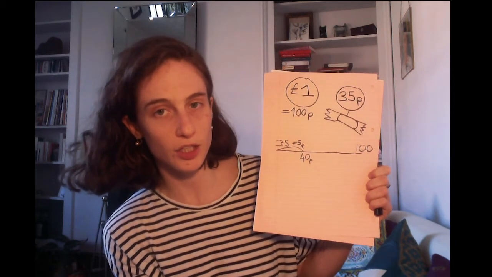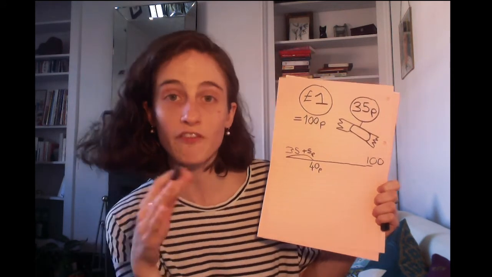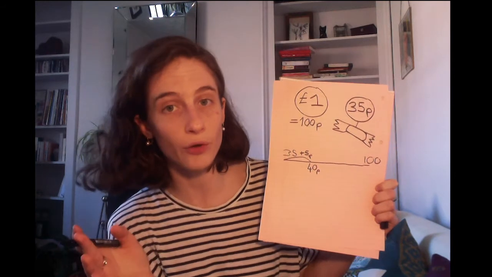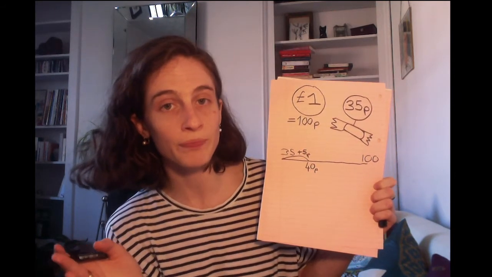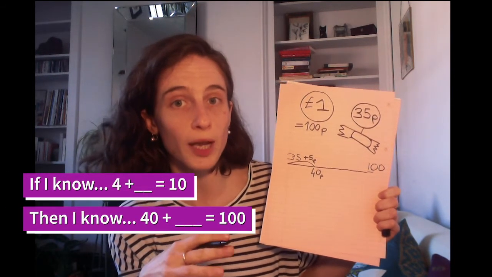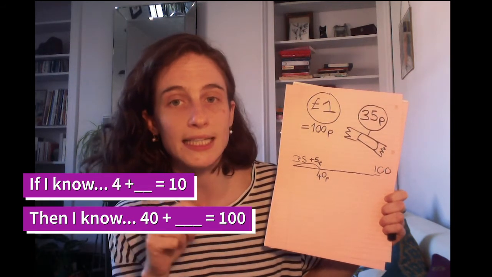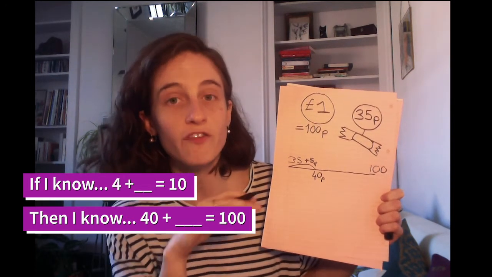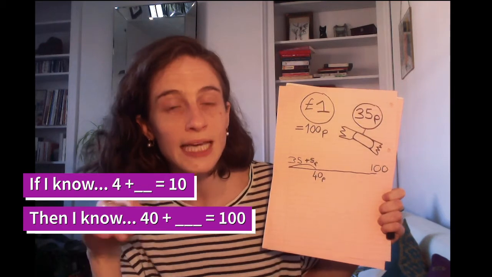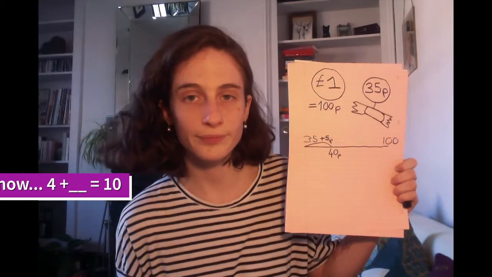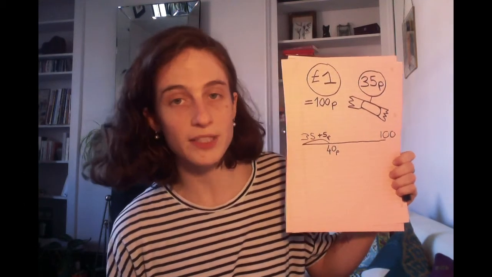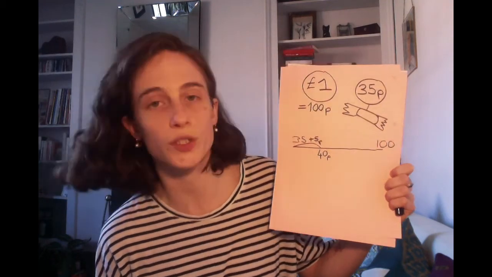You could either use if I know, then I know, right? So for example, if I know 4 plus 6 is equal to 10, then I know 40 plus 60 is equal to 100. Otherwise, if that just sounds tricky, you could also use the jumping in tens strategy.